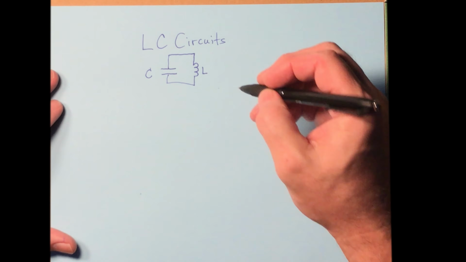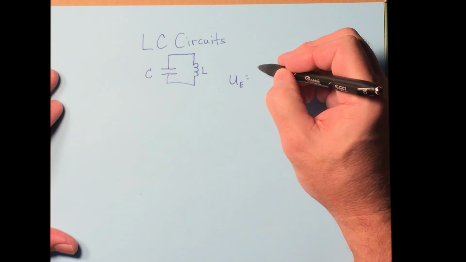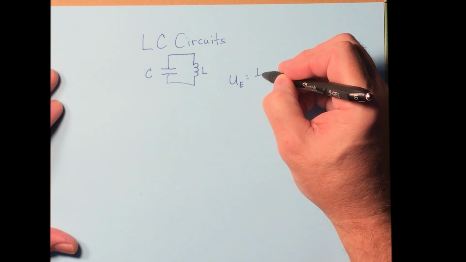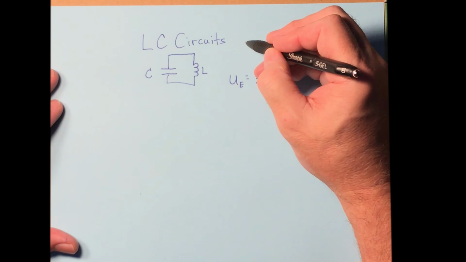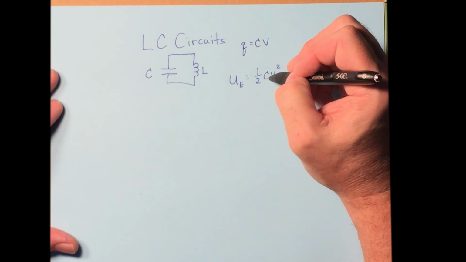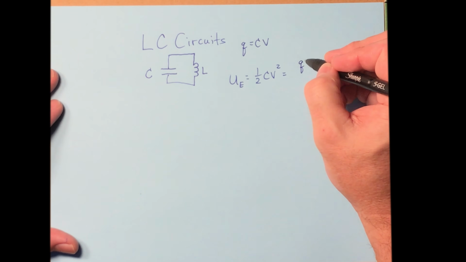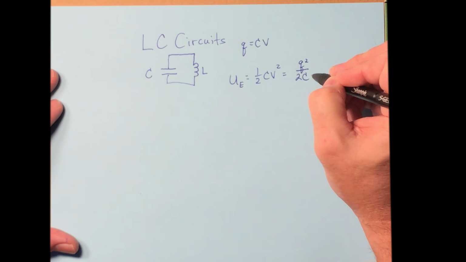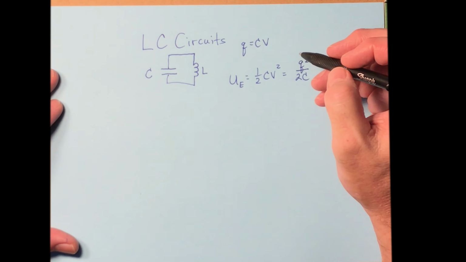Now, the energy that's in the electric field is given by 1/2 CV squared, but because we have Q equals CV as the capacitor equation, we can make a substitution and write this also as Q squared over 2C. So that's the energy in the electric field.